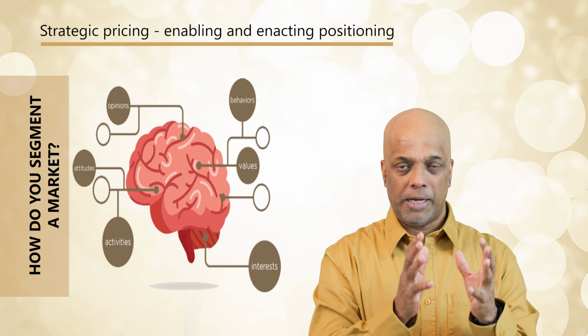So this may include, for example, the consumption rate, consumption timing, seasonal behaviors of the customers, as well as, most importantly, the benefit sought. So these are the four segmentation variables which we often see in various marketing textbooks. And these are the variables that marketeers often use to segment markets.